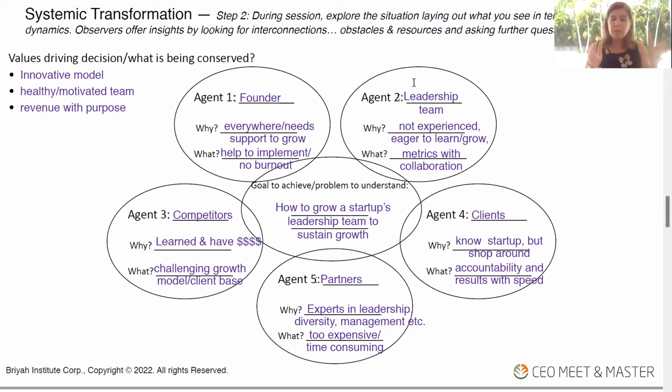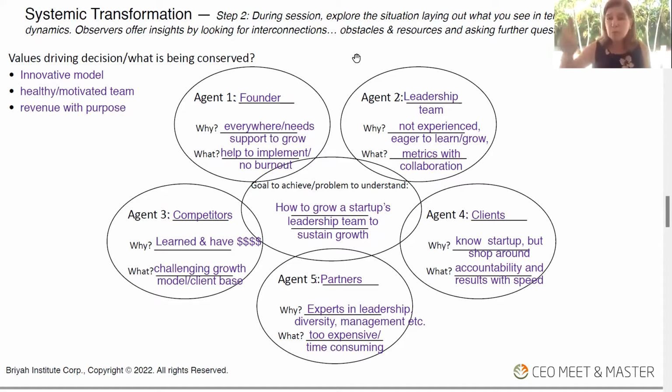So 10 minutes for the explorer to explore, 5 minutes for the person with obstacles in mind to say something, and 5 minutes for the person seeing resources to offer insights. And then we switch. Whoever was the explorer will become an observer, and someone else will become the explorer. And we will do that again.